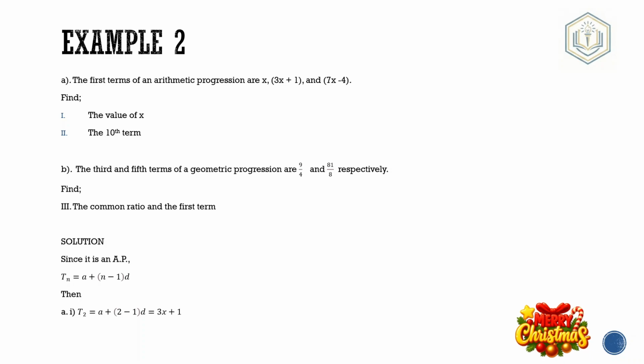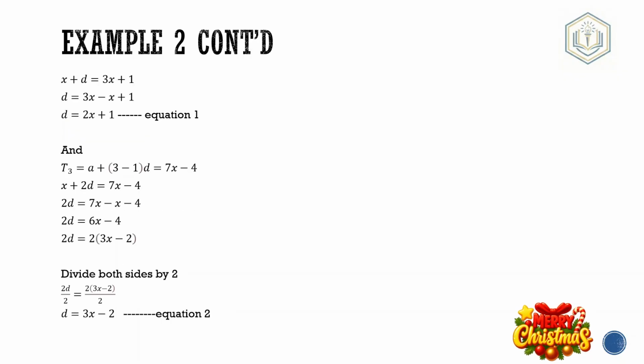Then in order to get the x now, we can say, okay, what's our second term? Our second term in that sequence is 3x plus 1. Which is also the same thing as t subscript 2 equals a plus, open a bracket, 2 minus 1, times the common difference. Remember that our a in that sequence is x.